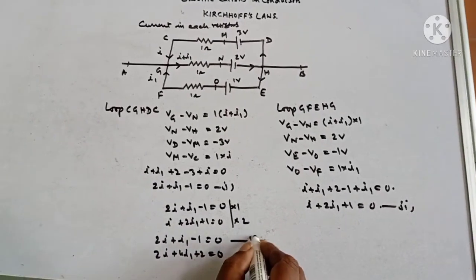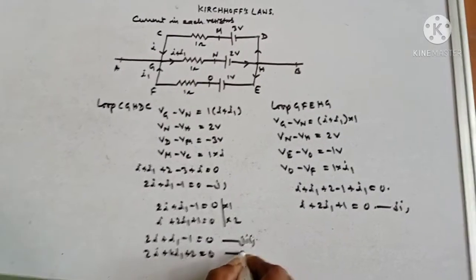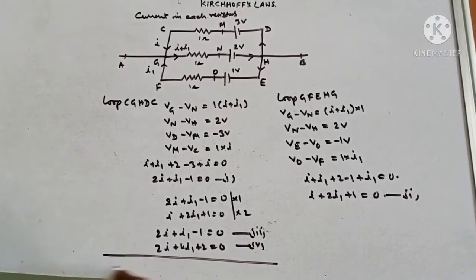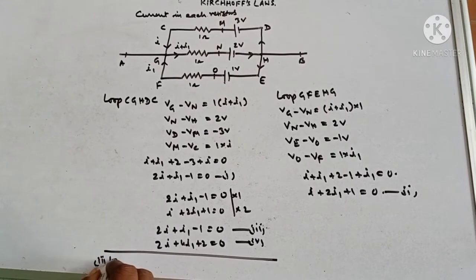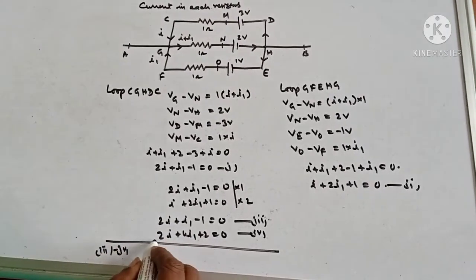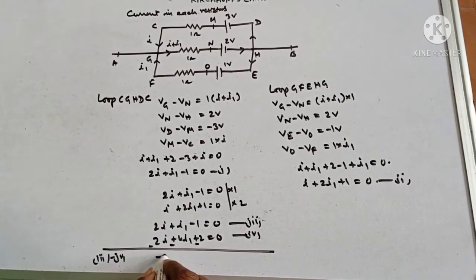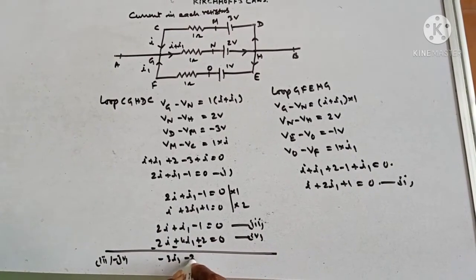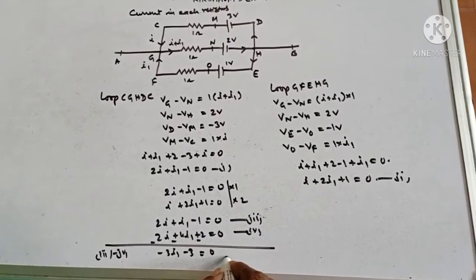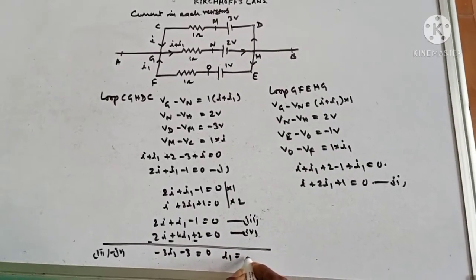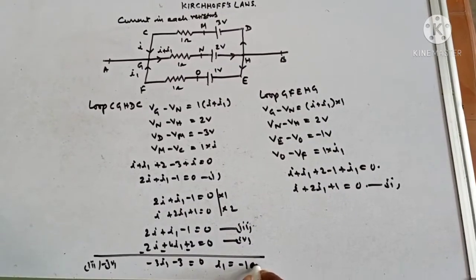So this is equation 3 and this is equation 4. Subtracting 4 from 3, the 2I cancels out. So minus 3I1 minus 3 equal to 0. So I1 is equal to minus 1 ampere.